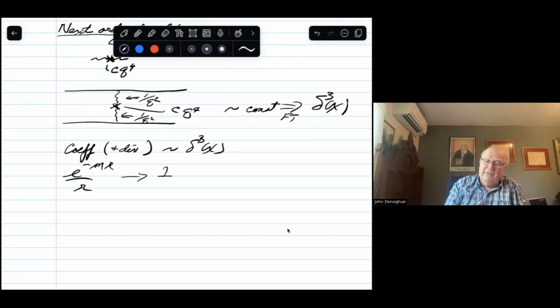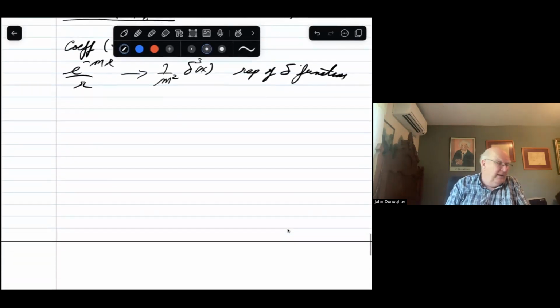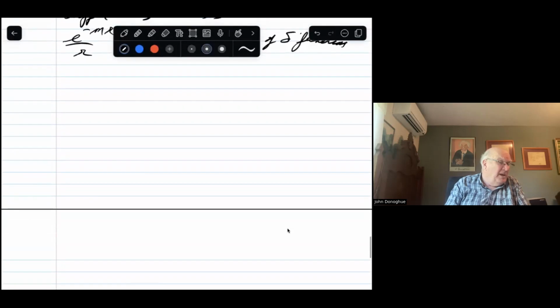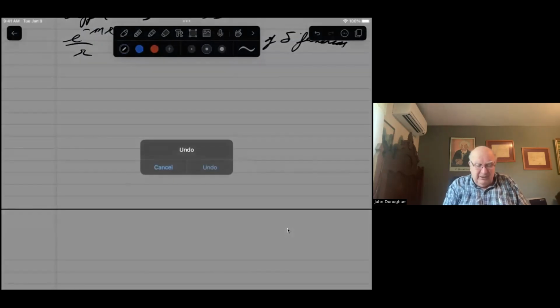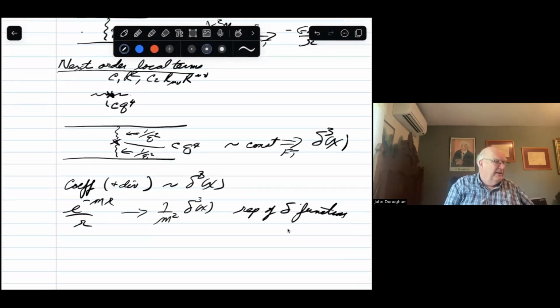This is for a big M. So the Yukawas that we gave before, when the mass is big, are just these delta functions. So all these coefficients that we don't know aren't going to change the potential at any finite distance.